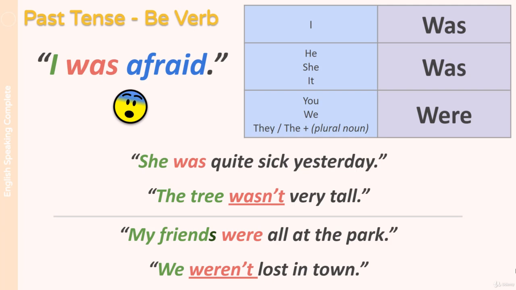We weren't lost in town. So here we have some examples of forming past tense using the verb to be. Just have to be careful with using either was, wasn't, or were and weren't.